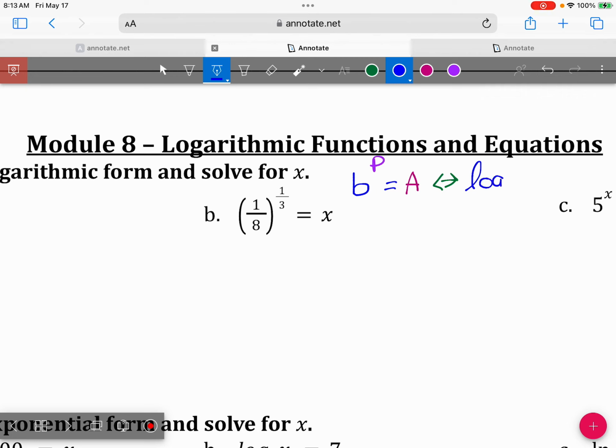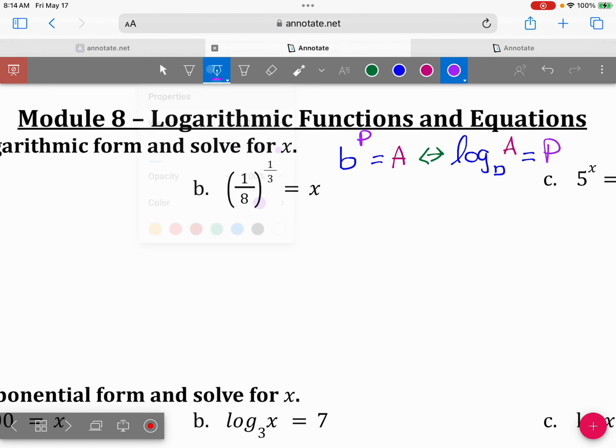All right, so it's equivalent to log base B of A equals our power. So we're using this information. To put this in logarithmic form, we're going to write the word log, and we are going to have a base of B. Our base is this piece.